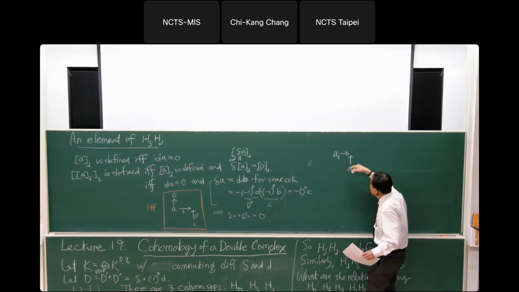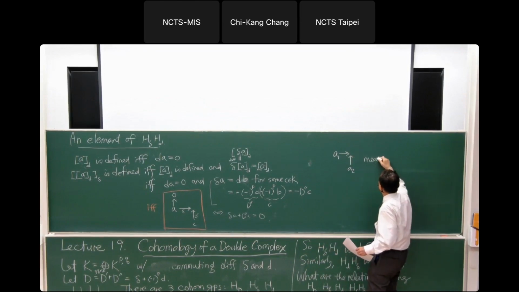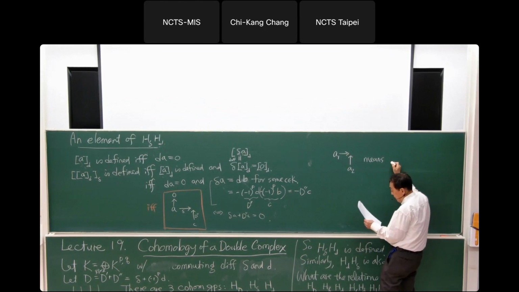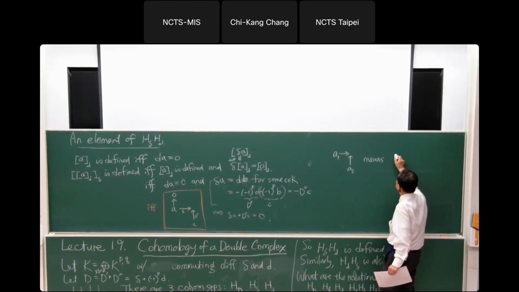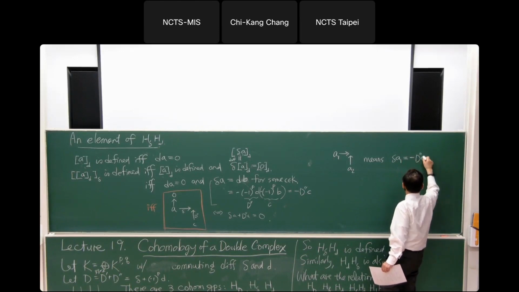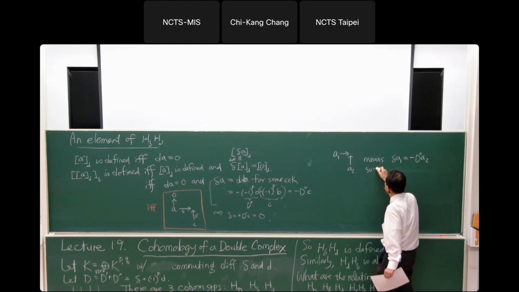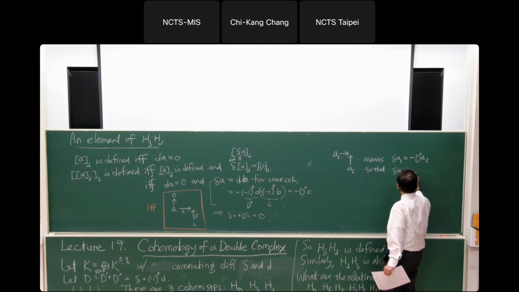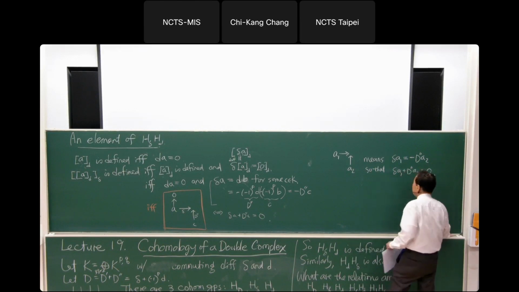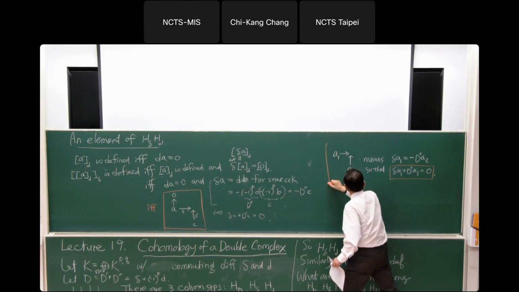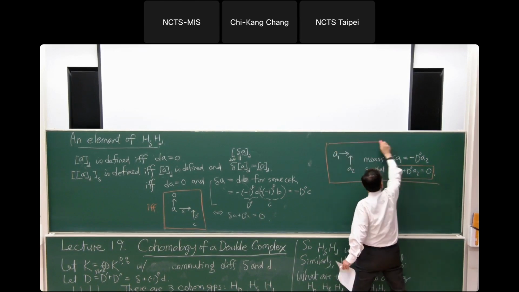So this will mean delta A1 is equal to minus d double prime of A2, so that delta A1 plus d double prime of A2 is 0. Okay? So that's what this diagram means.